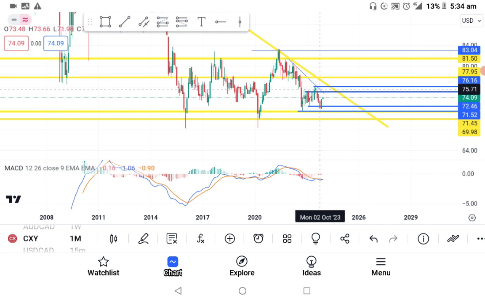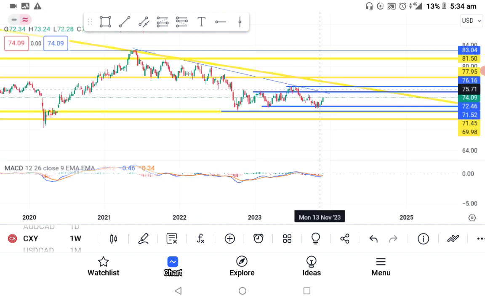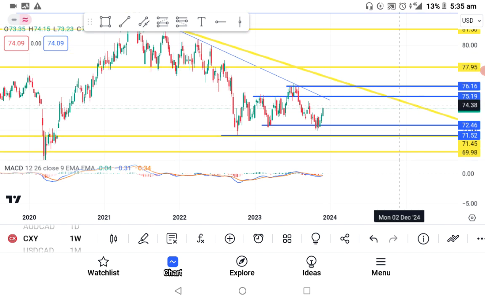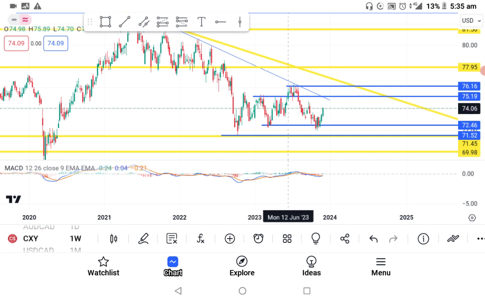So on the weekly time frame, like I said, it started showing it's going to change to an uptrend. Then it started ranging for like a year or so.